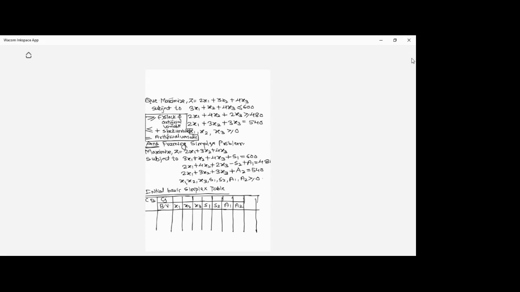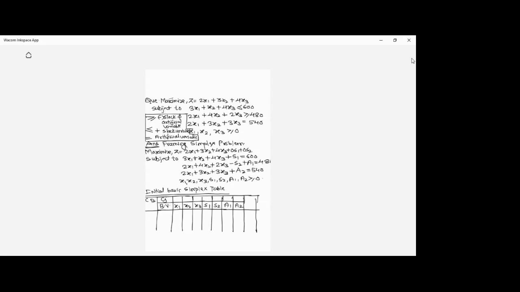So for the coefficients, we forgot to write the objective function properly. So the objective function will be what? It will be 0 s1 plus 0 s2, and we have a1 and a2 here. But now this is a maximization problem. So in a maximization problem, what will be the case?